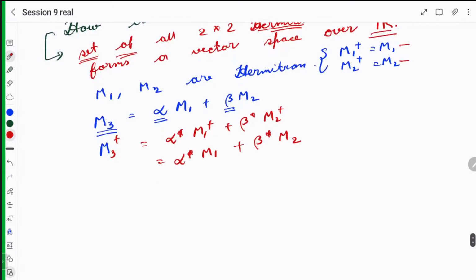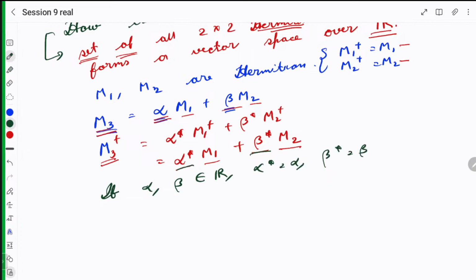If M3 has to be Hermitian, then M3 dagger has to be equal to M3. But in M3 we have alpha M1 plus beta M2, and here we have alpha star M1 plus beta star M2. So in general, they won't be equal. M3 will not be Hermitian unless alpha and beta are real. If alpha and beta are real, then of course alpha star is alpha and beta star is beta, and you have M3 dagger, which is alpha M1 plus beta M2, and that is nothing but M3.